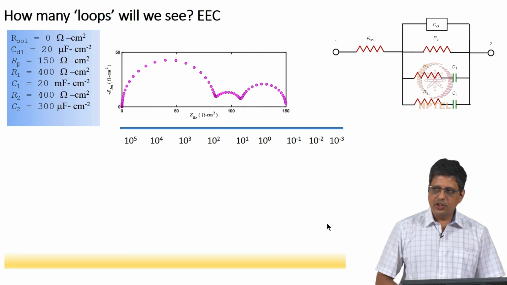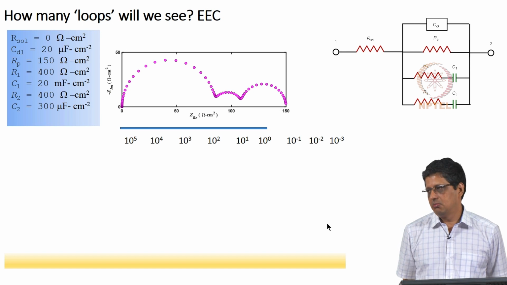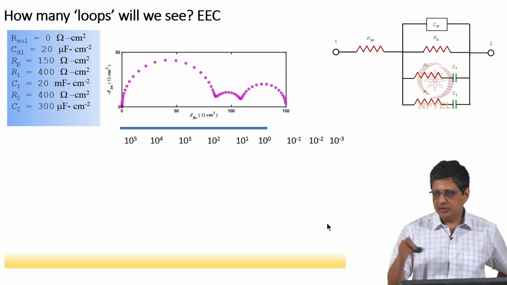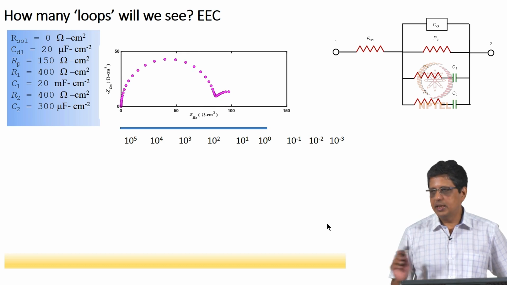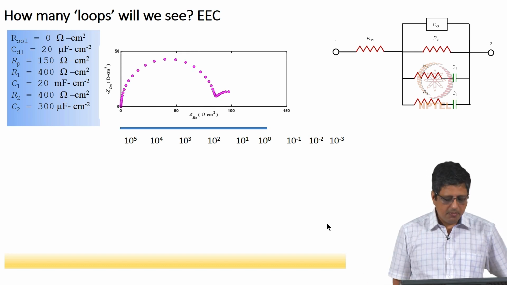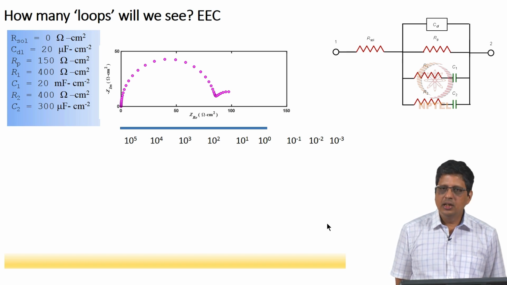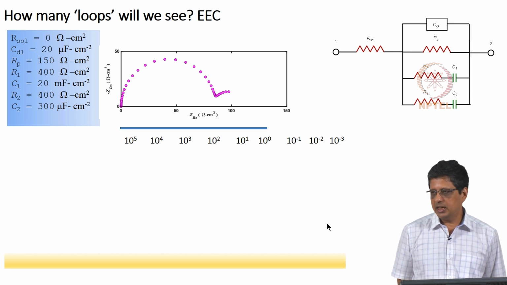Now, the same circuit, if I had taken data only until 1 hertz, let us say below that for whatever reason it was noisy or scattered, so we decided we are not going to look at this, our spectrum will show only this. What it means is from this you would come to a conclusion saying a circuit with one Maxwell element can model this adequately, that is probably correct.